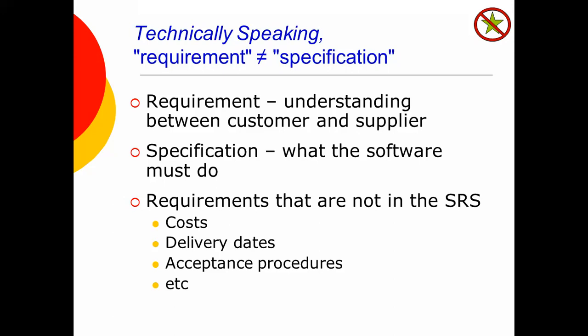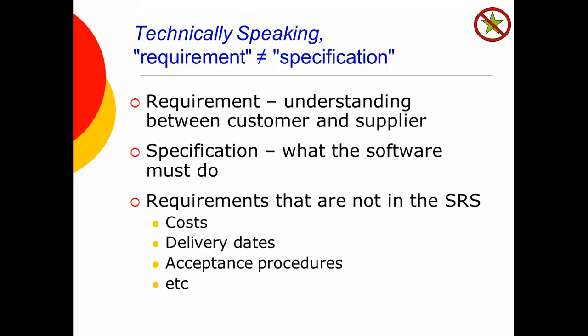So the SRS has some different specification requirements. But of these three terms here, you can see the cost. We are not including this term. Whenever we are going to develop the software, the terms cost, delivery dates, and acceptance procedures, the IEEE organization is not including these terms in the SRS. So the requirements for the SRS are different from these few terms.